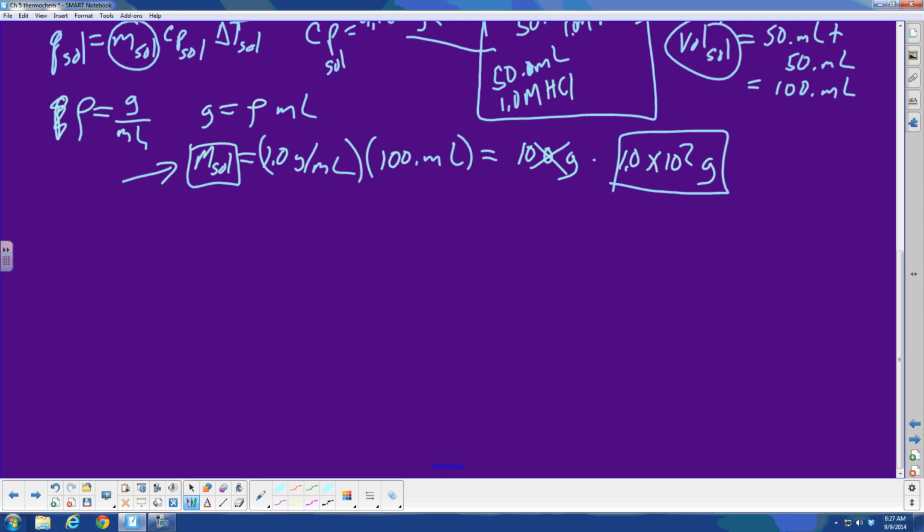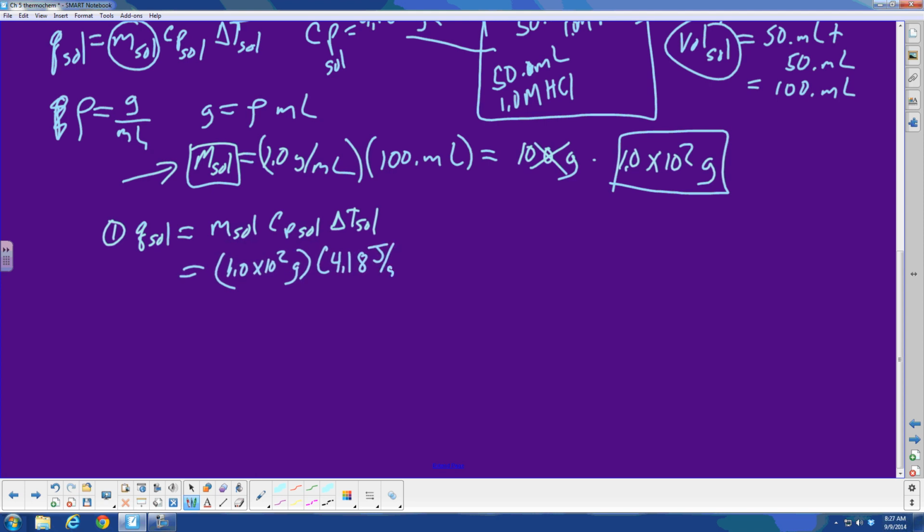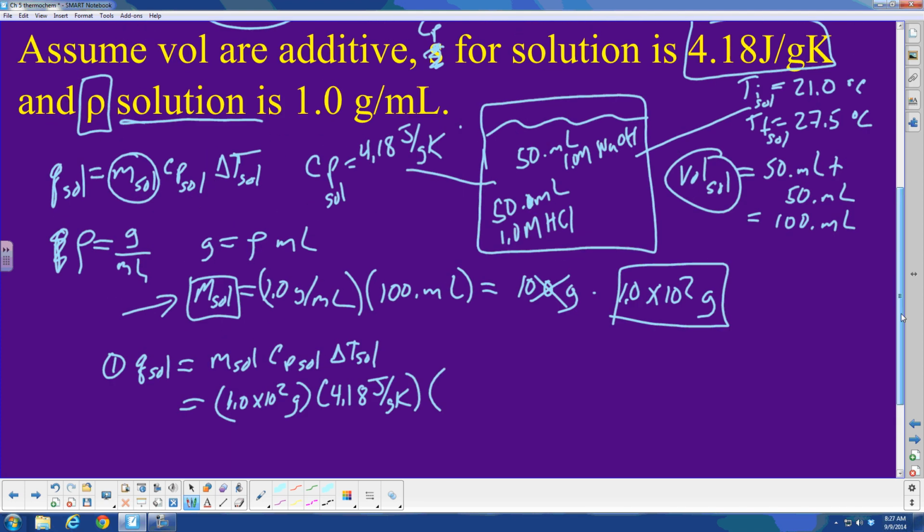All right, so the first thing we want to do is get Q solution. Q solution is equal to M solution, C sub P solution, delta T solution. So here we go. What was my mass? 1.0 times 10 to the second grams, 100 grams, times my 4.18 joules per gram Kelvin, times my final minus initial.